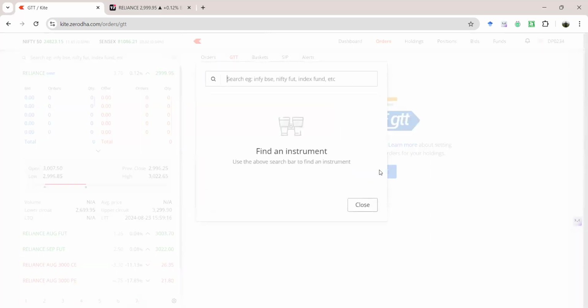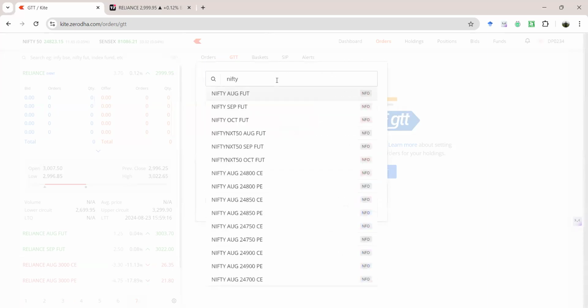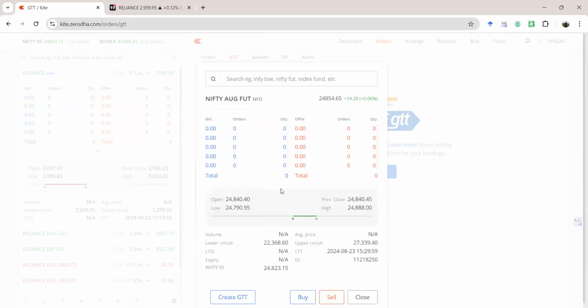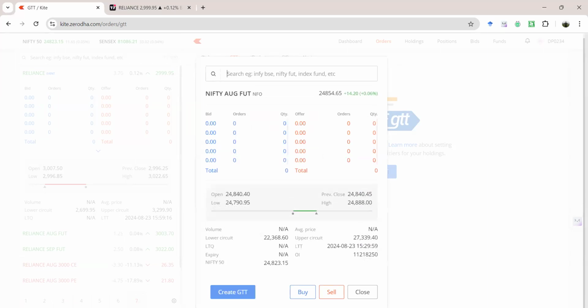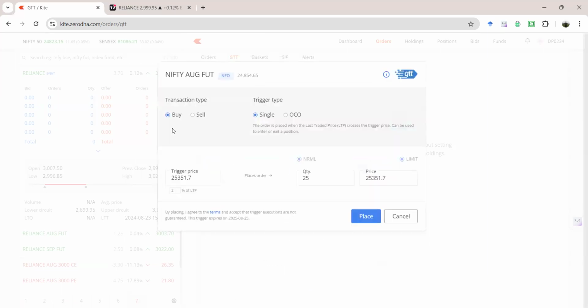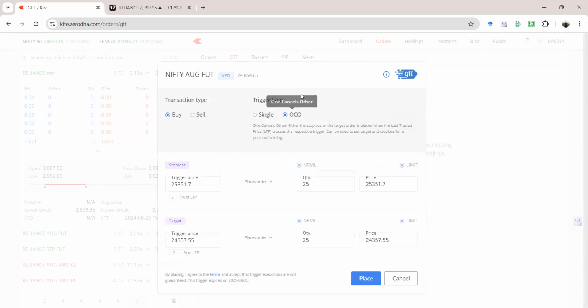But GTT is valid longer. Suppose I want to buy Nifty future, then I create a GTT. I can use buy or sell, and it can be single or OCO. OCO means one cancels another. So what is the meaning of one cancels another?